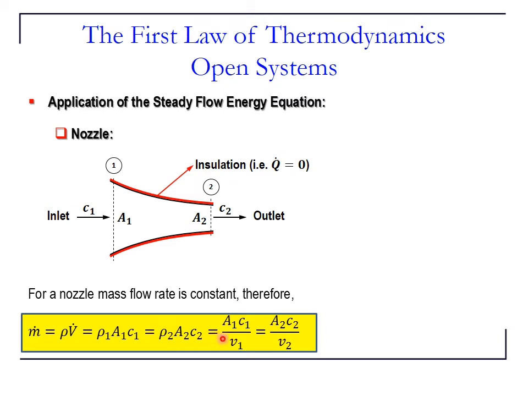And then we can also write by using specific volume here. Okay. So as you can see that the density is defined as the mass over the volume. And the specific volume is defined as the volume over the mass. So you can see that the density and the specific volume, they are in the inverse relationship.